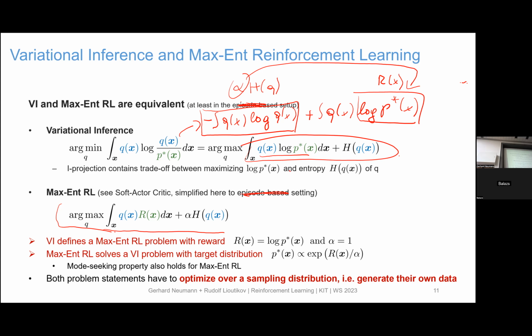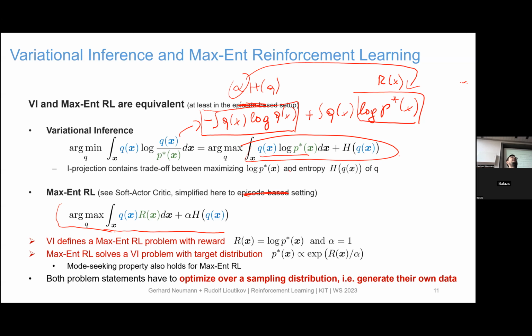So in soft actor critic, we use that, for example. You still remember? If we reparameterize, the reparameterization trick. These are the two instances that you can use to optimize densities, either policy gradient or reparameterization.